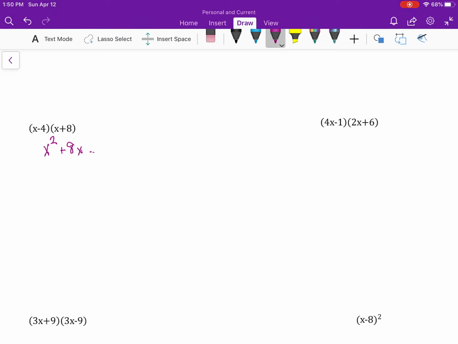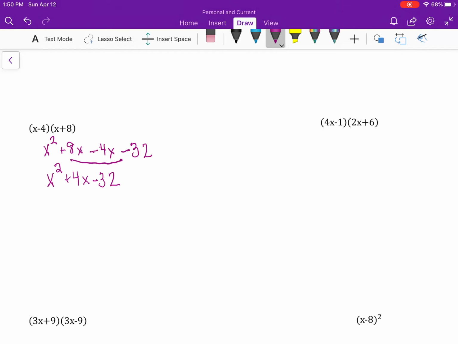Inside, minus 4 times x is minus 4x. And our last term, negative 4 times 8 equals minus 32. Combine my like terms. 8x minus 4x gives you plus 4x minus 32.